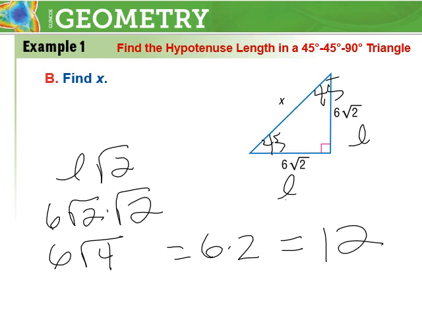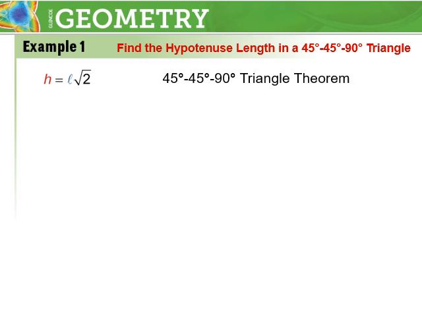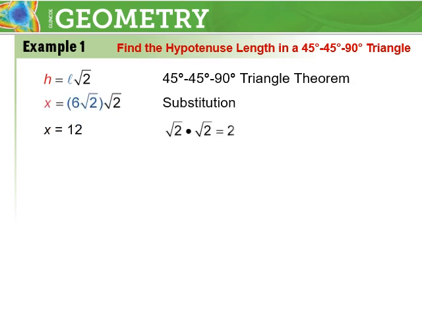So that makes the hypotenuse 12. X is 12. What the PowerPoint's going to do right now is show you the solution on the next slide. It's multiplying that 6 square roots of 2 times the square root of 2 and getting 12. Not too bad.